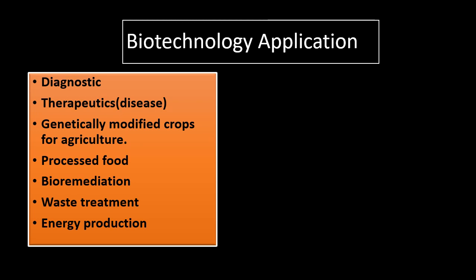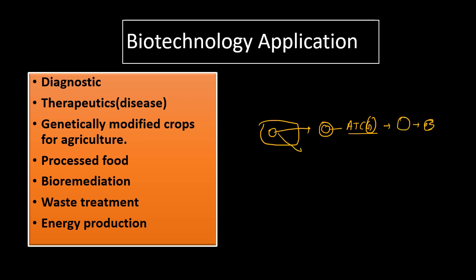Next one, genetically modified crops for agriculture. Genetically modified crops means this is an organism and this organism contains DNA. We change the sequence of the DNA, let's consider this sequence contains A, T, C, G, and modify this gene to produce a new protein.